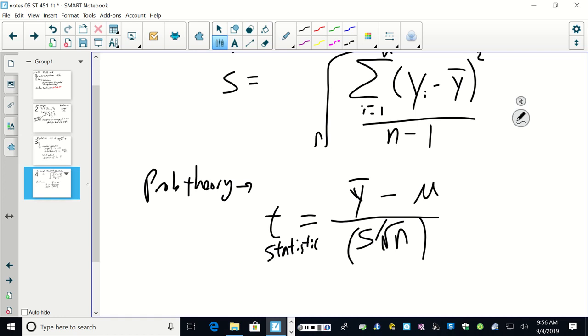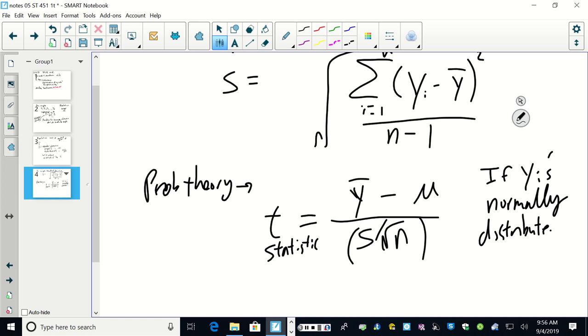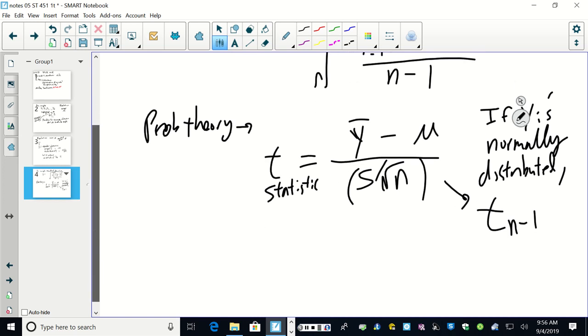Under some assumptions about the data being roughly normal, if the yi's are normally distributed, then this thing has a certain t distribution with n minus 1 degrees of freedom.